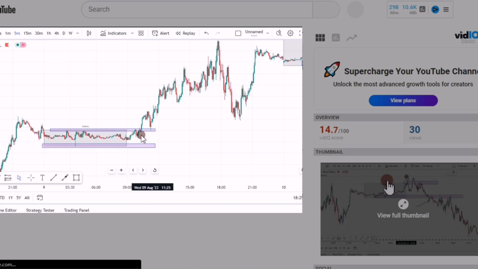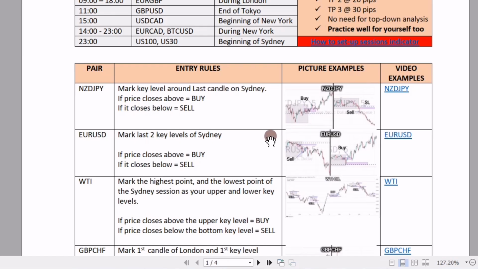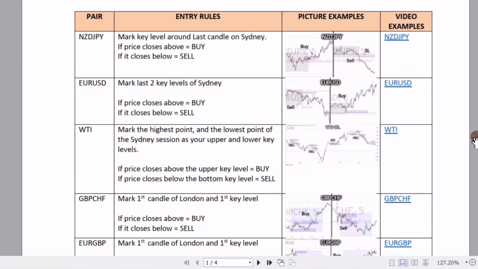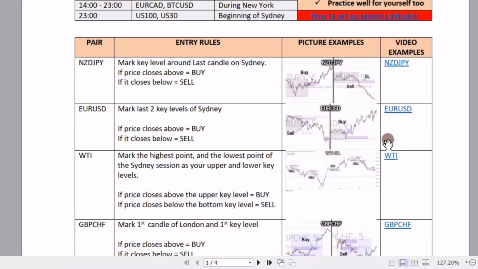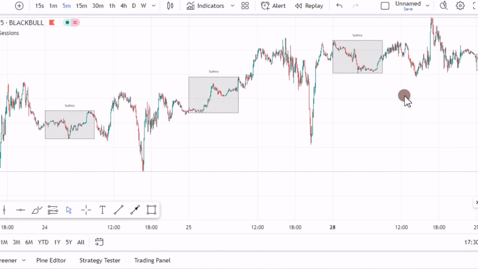Once you have done that, wait for price to either close above so that you buy or below so that you sell. Once price has closed above with a full candle or two full candles, you can then take your buy trade. You can put your stop loss. That's basically what you see when you click that video that explains, but it is all explained in this text. So let's just go there and see if it still works.